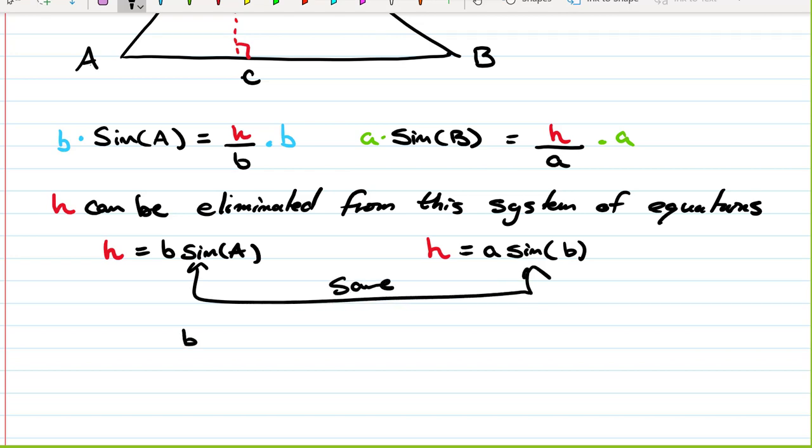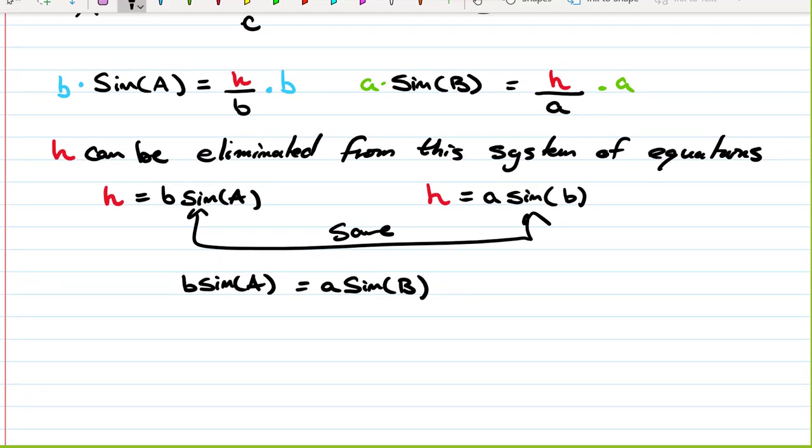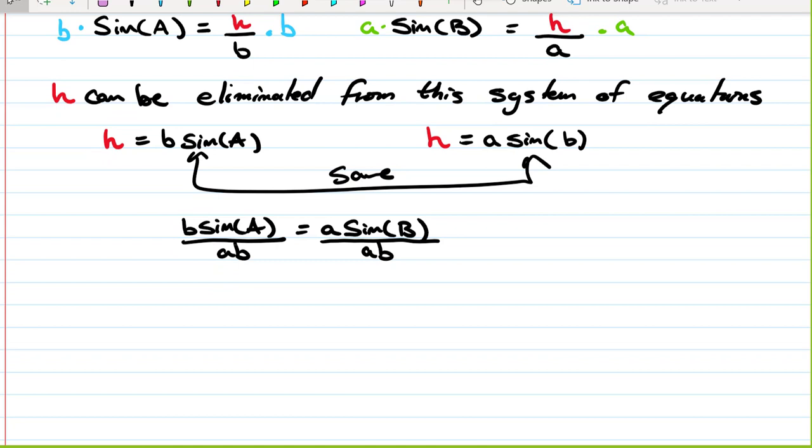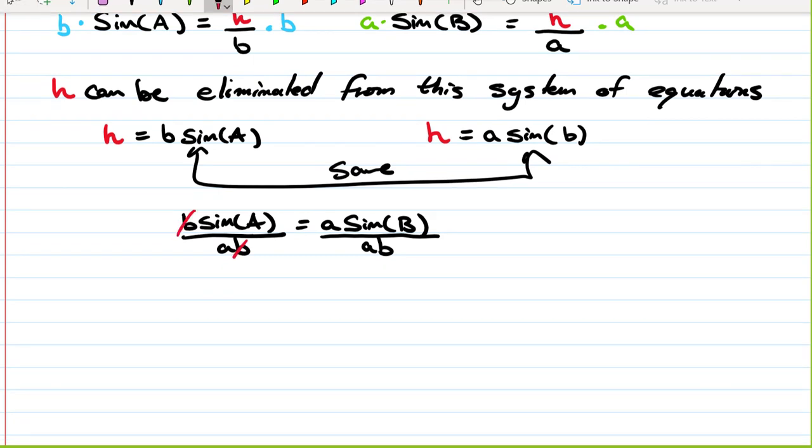That gives us the equation b sine A has to be the same as a sine B. If I divide both sides of the equation by ab, on the left side the b's reduce out, and on the right side the a's reduce out, we get sine A over a is equal to sine B over b. This gives us what is referred to as the law of sines.